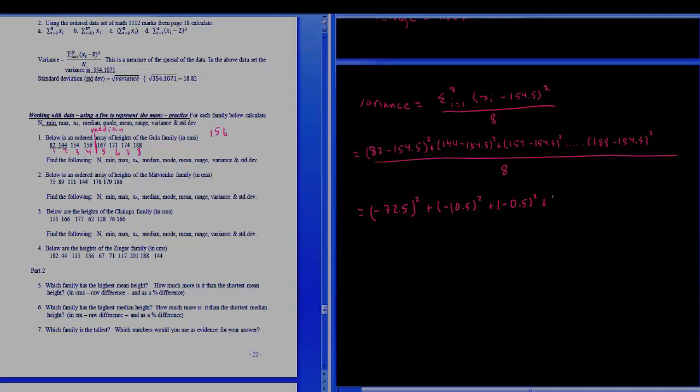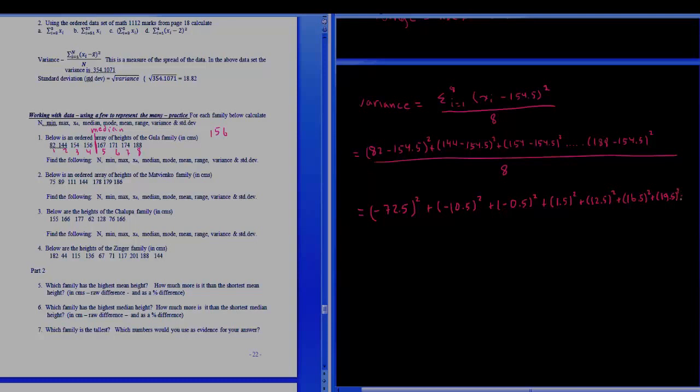I'll write those in as well. 1.5 squared plus 12.5 squared plus 16.5 plus 19.5.